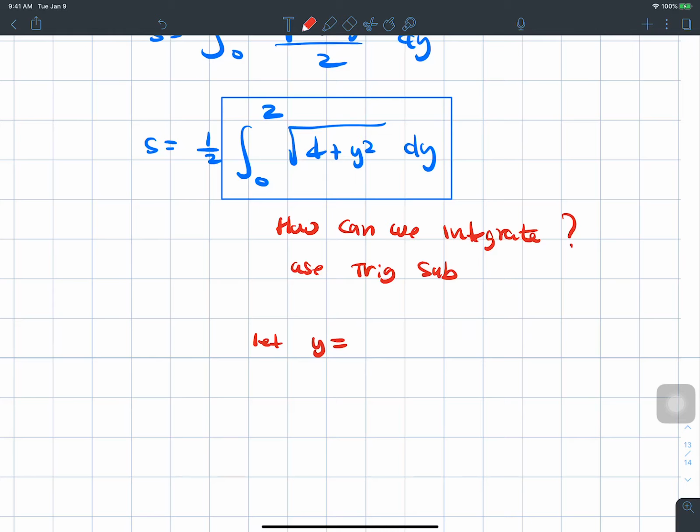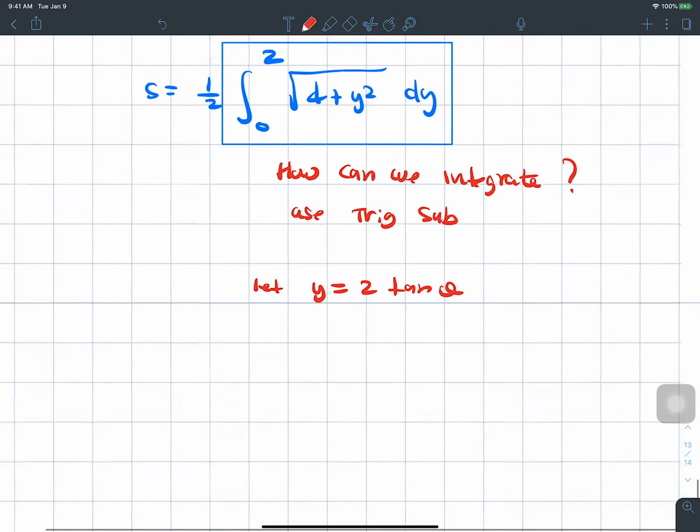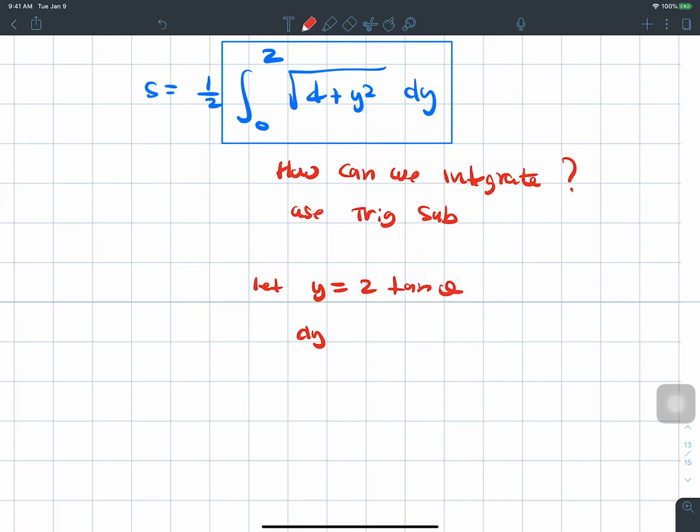Okay, so by trig sub, you let y be 2 tangent theta. And what that means is dy is derivative of tangent is secant squared theta, right? 2 secant squared theta d theta. And then your radical, 4 plus y squared, if you guys remember, that radical gets replaced with 2 secant theta.